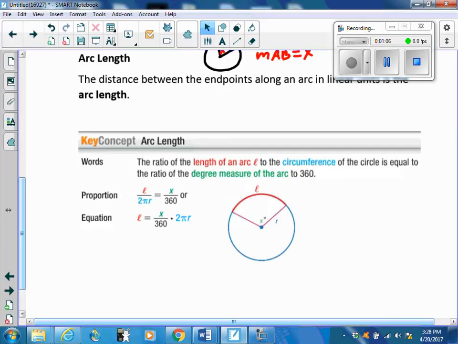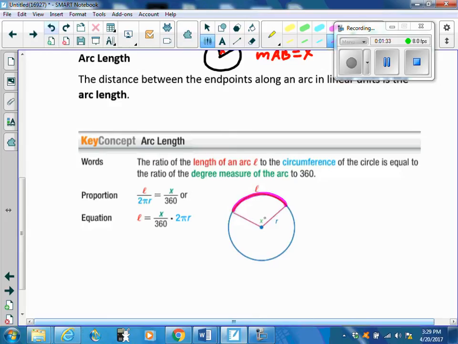In the real world, what you could do is take a piece of string, and I'm going to use my highlighter here as my string, and I would just lay it right on top of the arc that I wanted to measure, marking off the endpoint of my string from the beginning to the end of the arc.